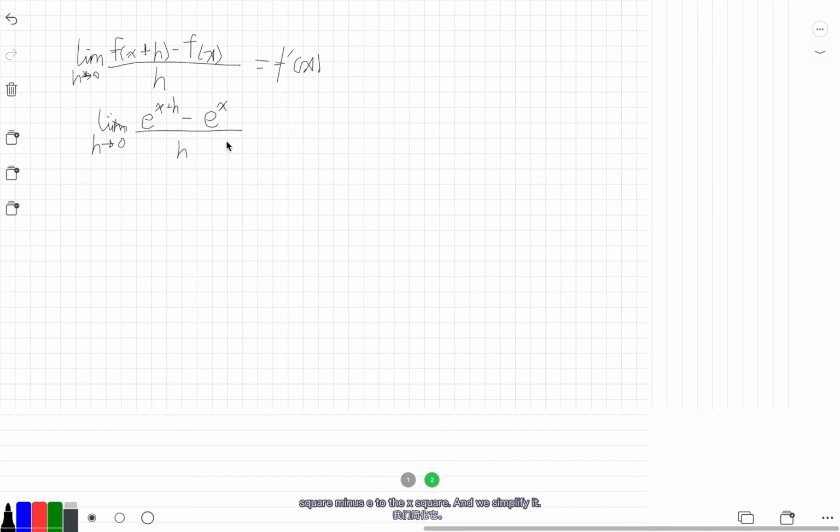And we simplify it, and finally we could get d dx of e to the x equals itself.